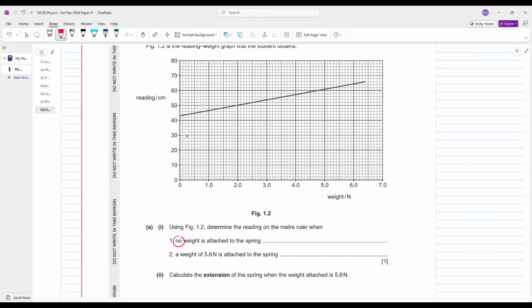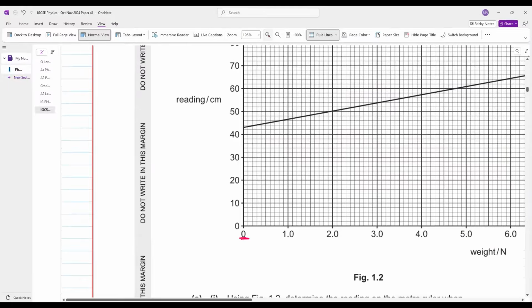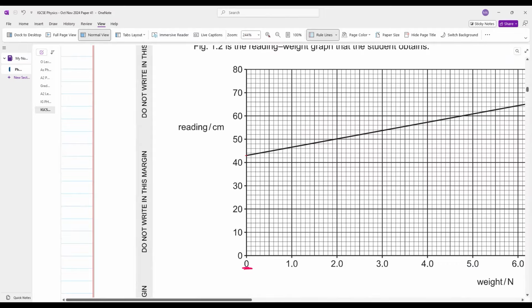Whenever no weight is attached, that means a weight of 0 Newton. So let's see the meter rule reading at 0 Newton. At a weight of 0 Newton, the meter rule reading is this. Now, how to find this? You are going from 40 to 50, covering 10 units in how many boxes? 1, 2, 3, 4, 5. 5 boxes.